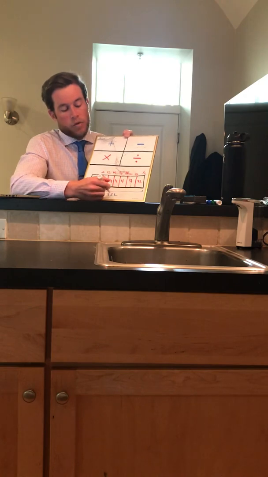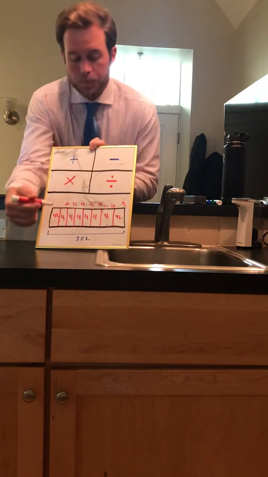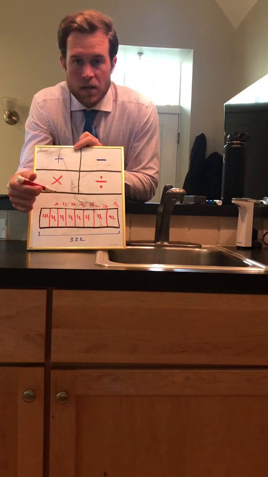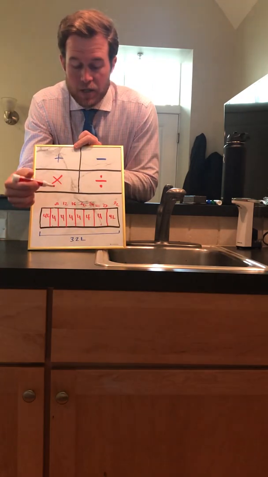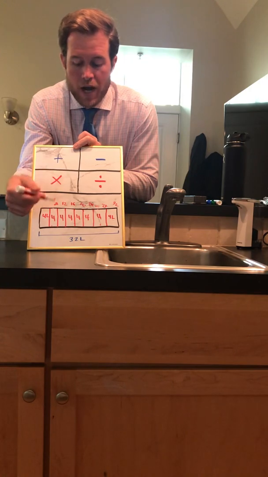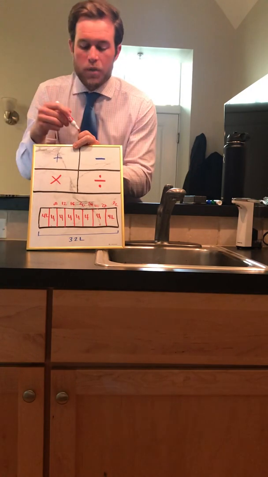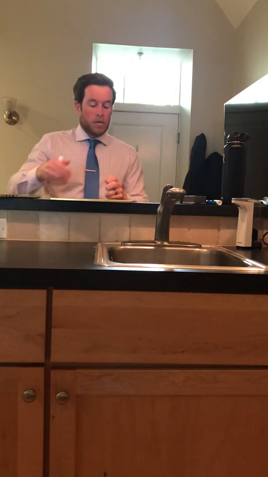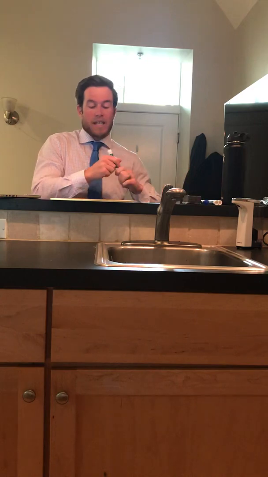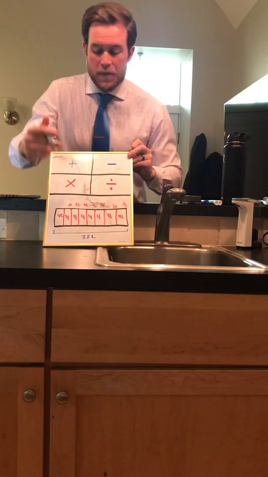So we see that we have 32 liters down here at the bottom, and we broke it into how many spots did we break it into? Now this is where you can find we know the dividend, we know the divisor. Let's see how many spots we have here. I'm going to do this in green, because that may help you a little bit. All we need to do is count how many spots we have.